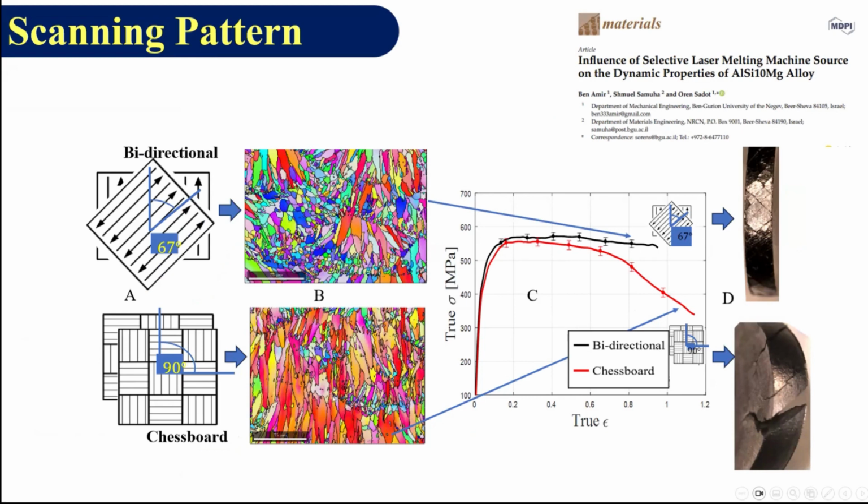You can see that there is a much more pronounced, much more dominant texture in the chessboard strategy, which affects the dynamic mechanical properties and the crack path. You see that in the much more homogeneous texture, the crack is much more deflected, and with the preferred crystallographic orientation, the crack is notching and just moving through the sample.